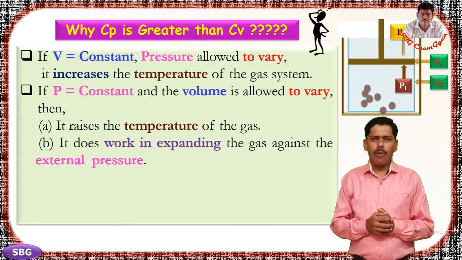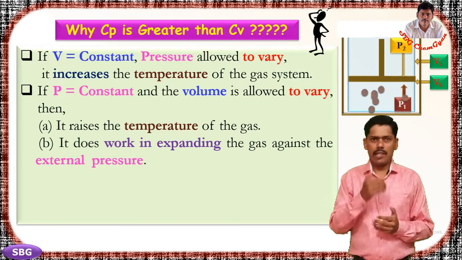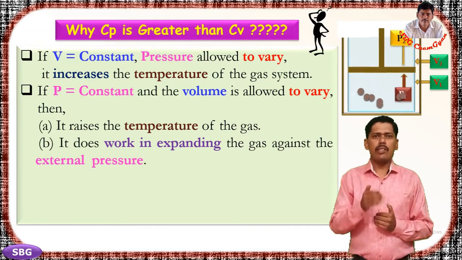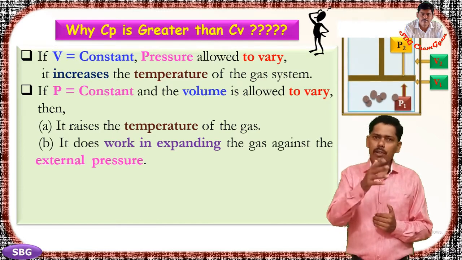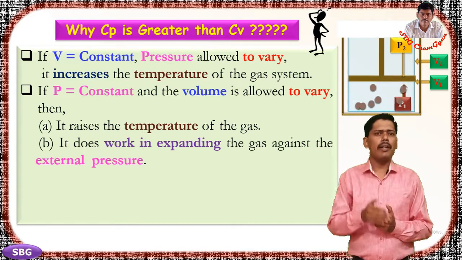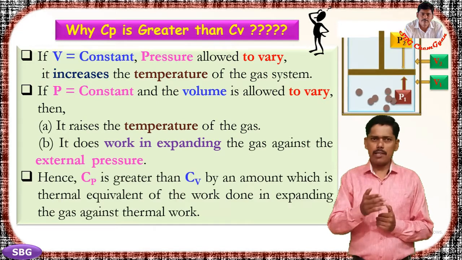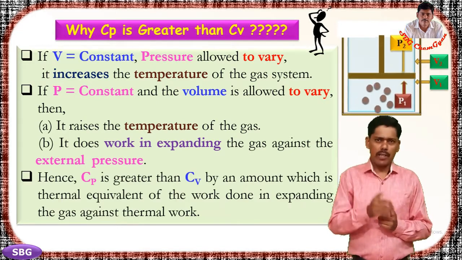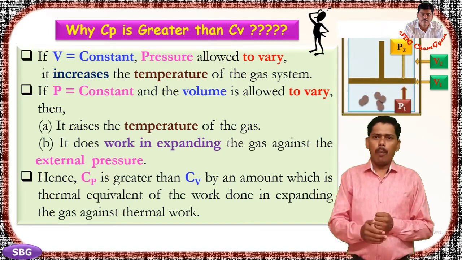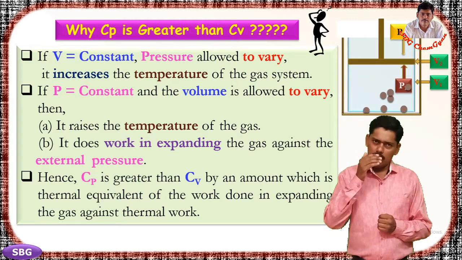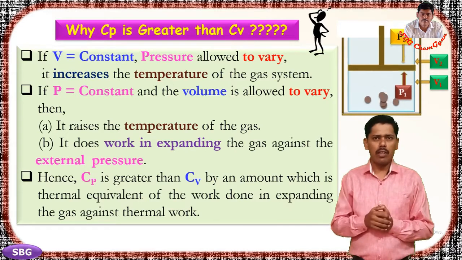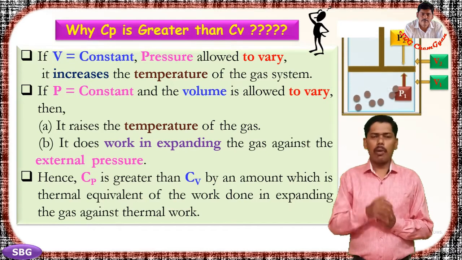The amount of heat required to raise the temperature of the gas in this case is the same as in the first case, that is when the volume is kept constant. But in addition, more heat energy has to be supplied for the external work. Hence, heat capacity at constant pressure is greater than the heat capacity at constant volume by an amount which is thermally equivalent to the work done in expanding the gas against external pressure.